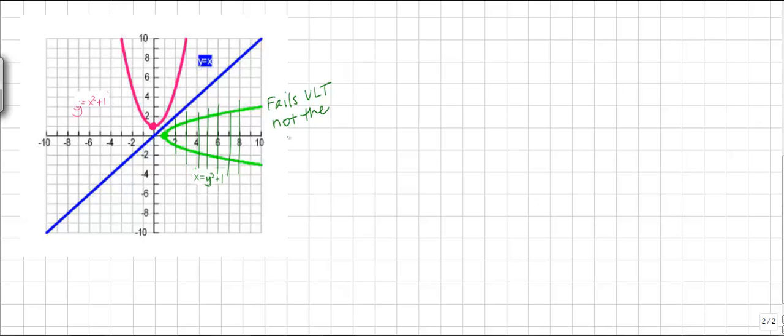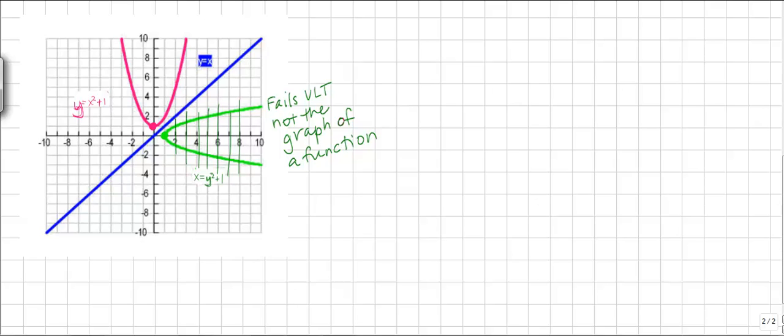Okay, so what is it about the original guy, y equals x squared plus 1, that lends itself to producing a new graph when I swap the ordered pairs that isn't a function? So let's think about that for a moment. Okay, so notice what happens here.